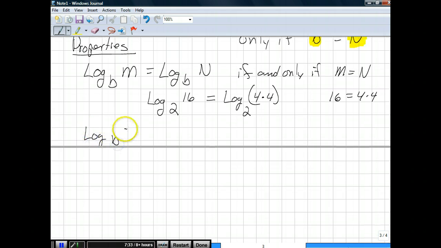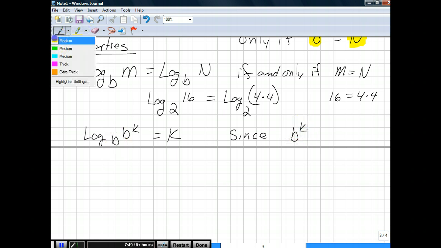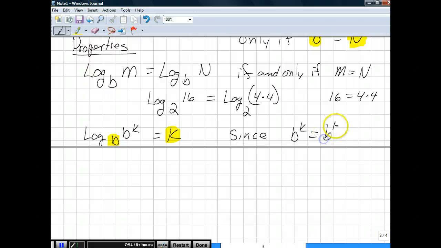Log base b of b to the k equals k. Since if you put it back into exponent form, we have b to the k, so the base to the power equals the value. Okay?